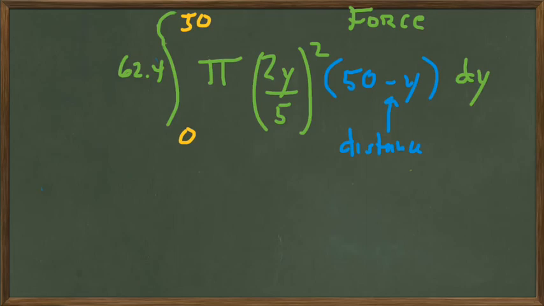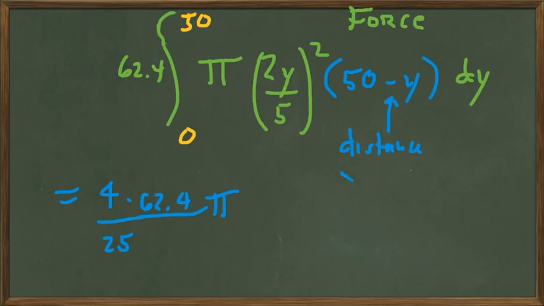So if you follow along in your textbook on page 130, you see the calculations that we've taken the 62.4 and multiplied it by 2 over 5 squared, so it's 4 over 25 times 62.4 times pi.